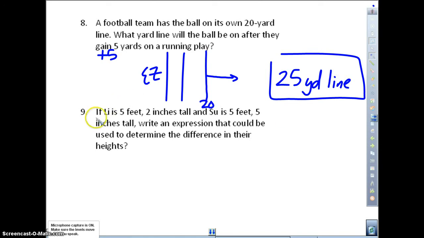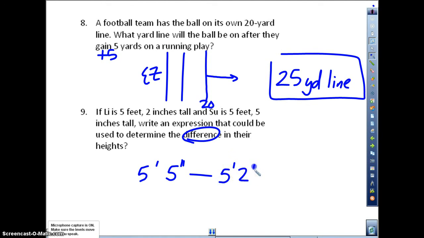Okay, number 9. If Lee is 5 foot 2 inches tall and Sue is 5 feet 5 inches tall, write an expression that could be used to determine the difference in their heights. We're subtracting. Aren't we going to take the taller person first? 5 feet 5 inches and subtract 5 feet 2 inches.